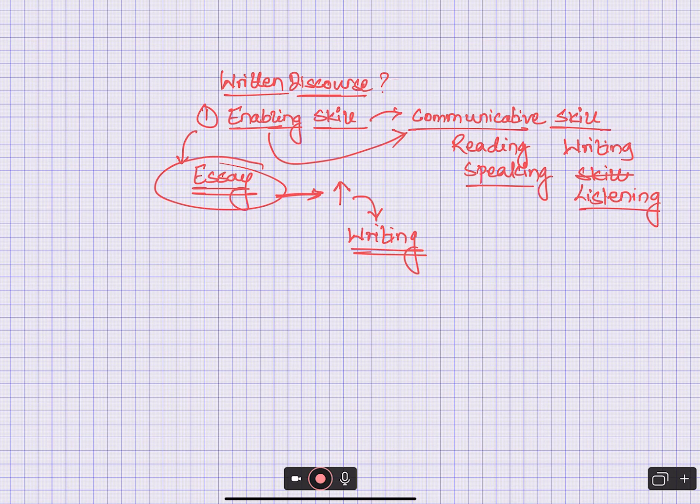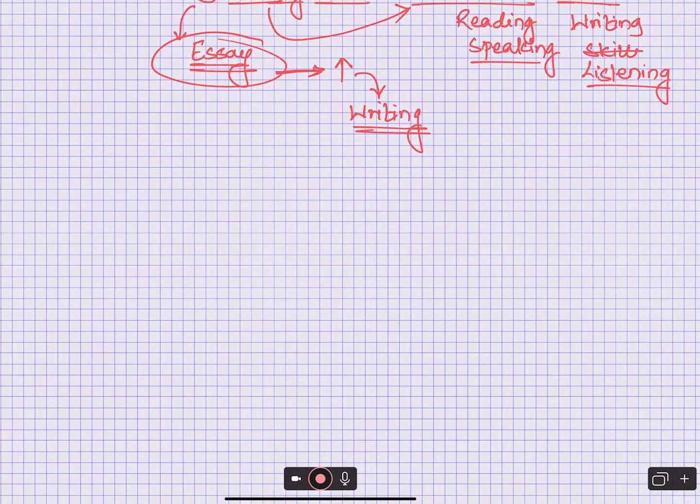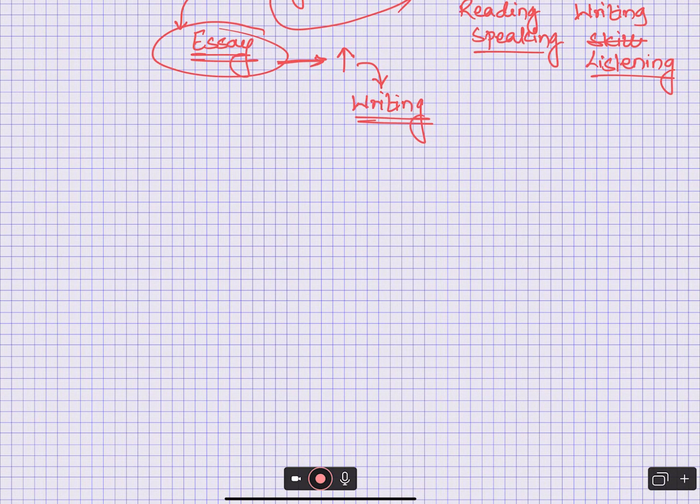Anyway, if written discourse is only important for essay writing, what are the things we need to do to get a good score in written discourse, or what is it anyway? Written discourse, technically speaking, consists of 4 different factors, but in simple words, written discourse simply means how structured, logical, connected your essay is. In written discourse, there are 4 important things to keep in mind.